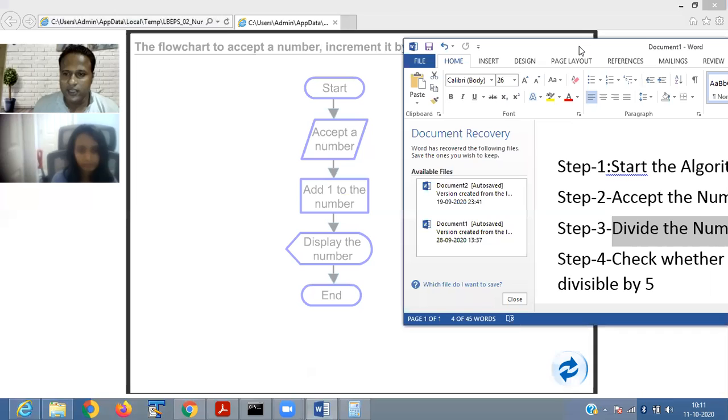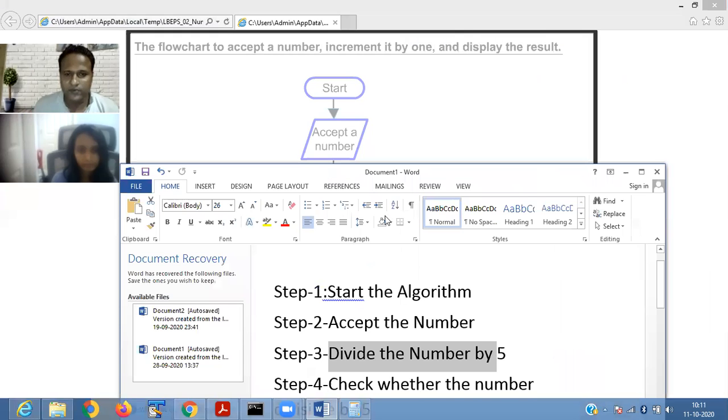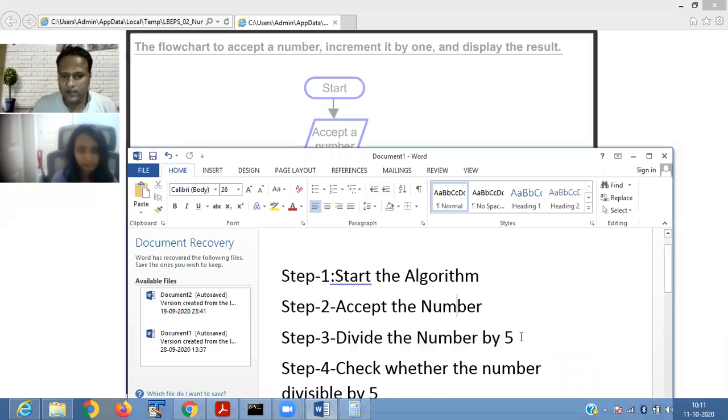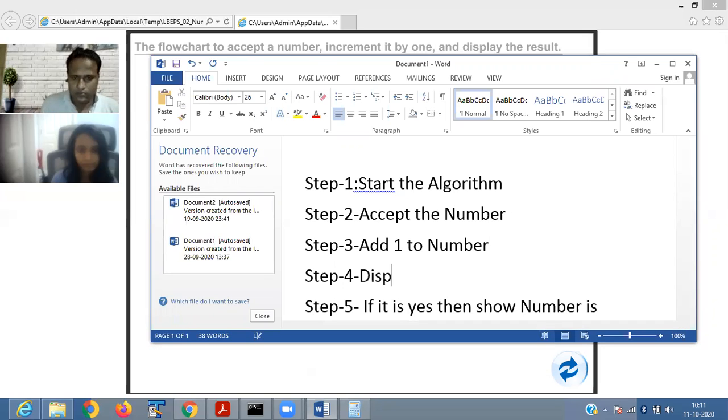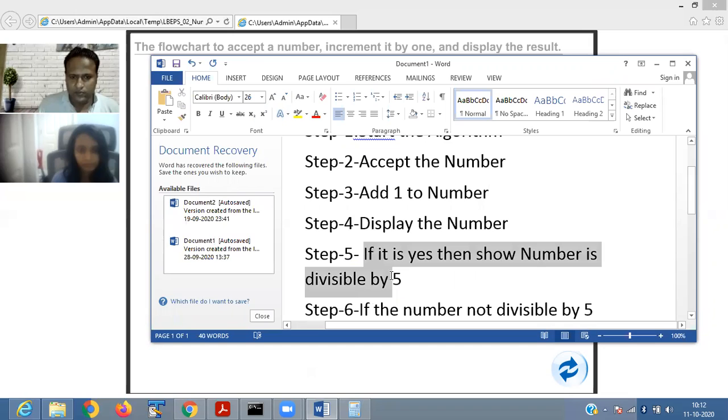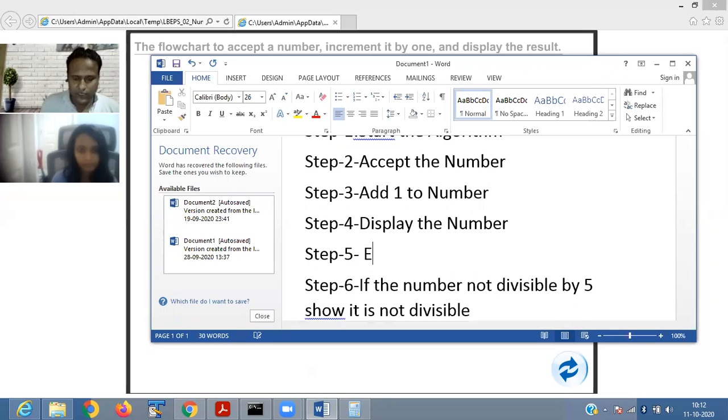Start the algorithm, then accept the number, then the next step you have to perform: add 1 to the number. The next step shows you: display the number, then end of algorithm.